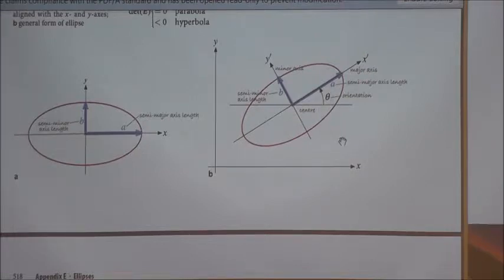It's not a circle because the diameter is not equal on both sides. So A is the maximum and B is the minimum.